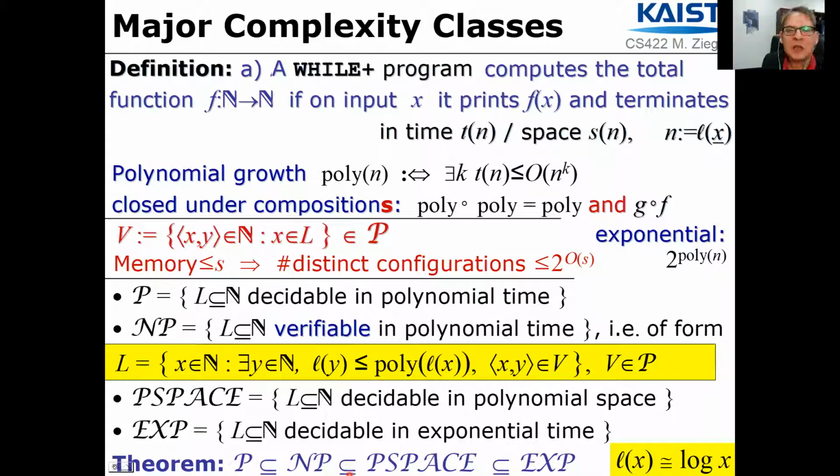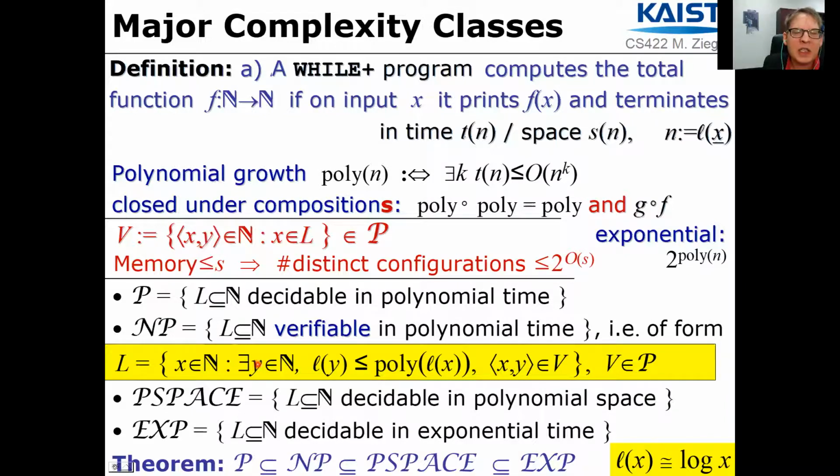PSPACE. In order to show that, let's consider a prototypical NP problem, namely a problem of this polynomial time verifiable form, which asks whether there exists such a witness y. But in order to decide that problem in PSPACE without verifying, we need to arguably test all possible candidate witnesses y.